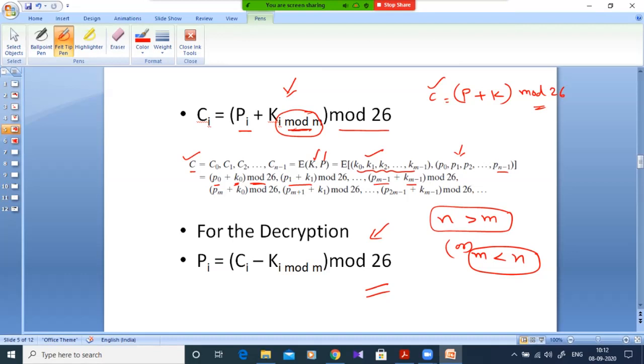Now, first I'm writing the key here, then the plain text. From this we can get a ciphertext. So for the key, write down the letters: OCCURRENCE. So what is the plain text?